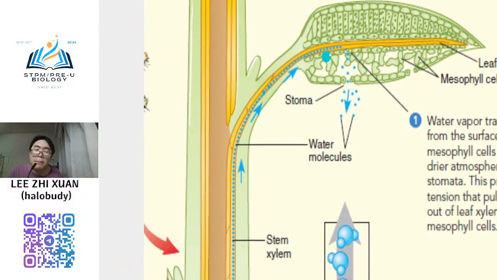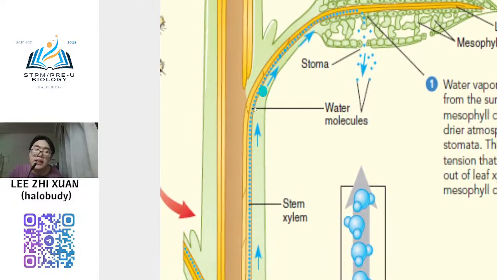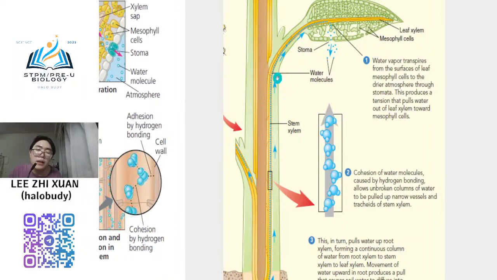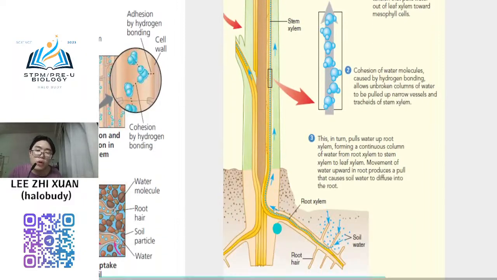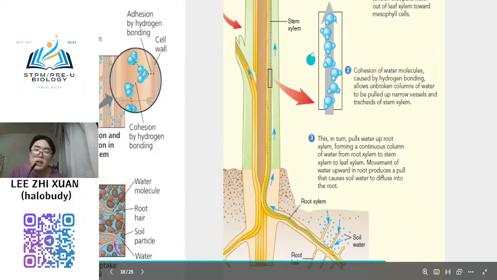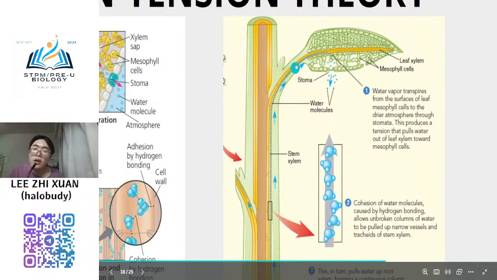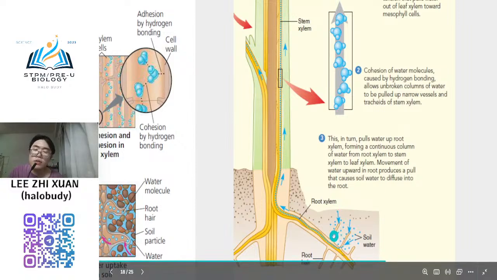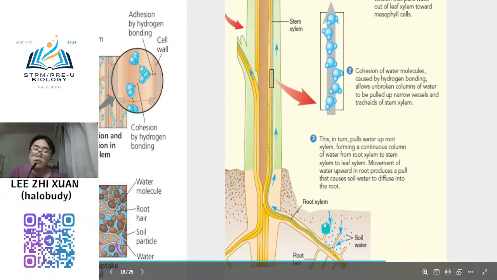So how they ambil air? Dia akan tarik air daripada xylem vessel, daripada shoot punya shoot, and also until the root. So the water molecule dia akan tarik until into the root, until it can reach the root lah.